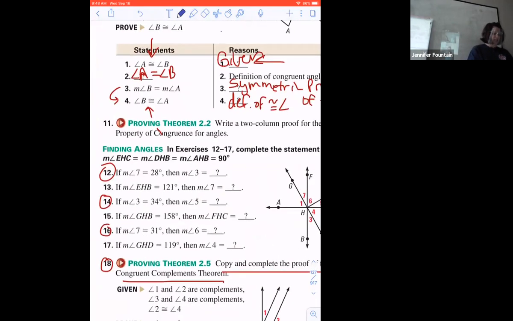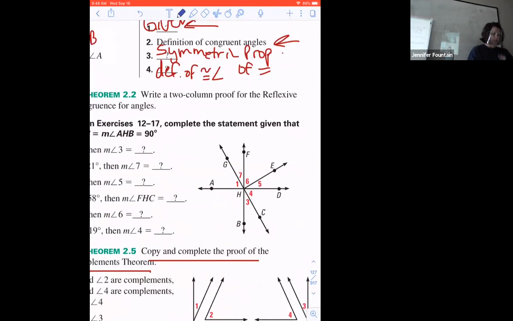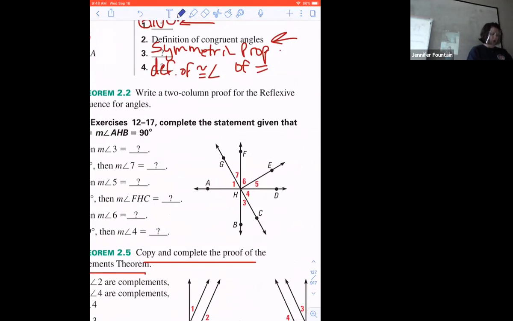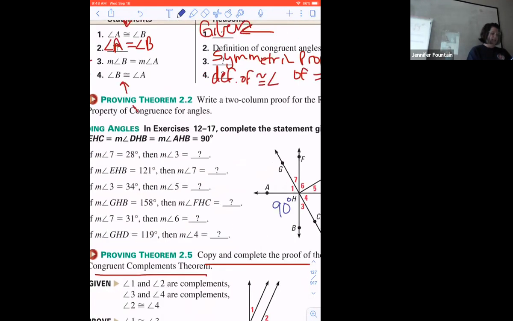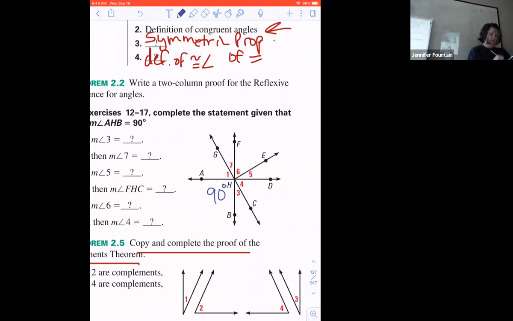EHC, DHB, and AHB are all 90 degrees. So AHB, 90 degrees. DHB, which is going to be this one right here, is 90 degrees. So I'll go ahead and just put my boxes in to indicate that.